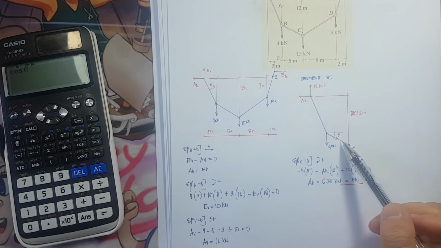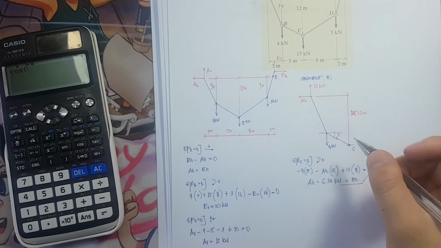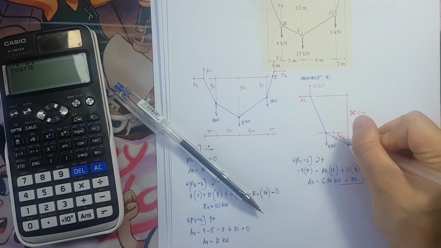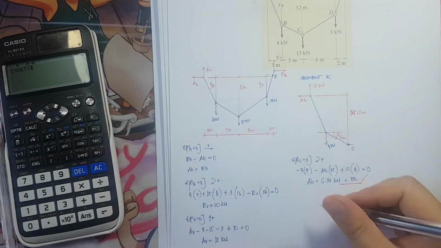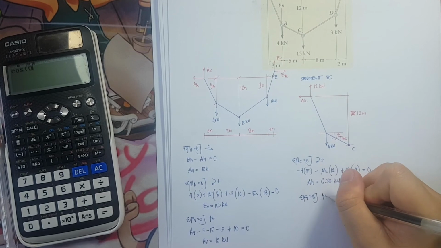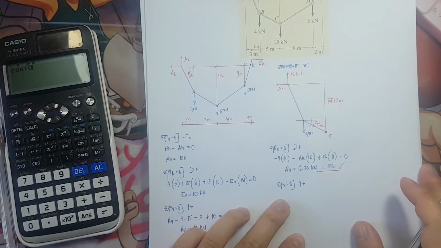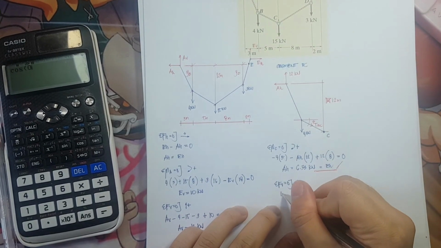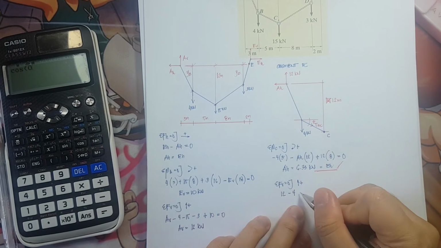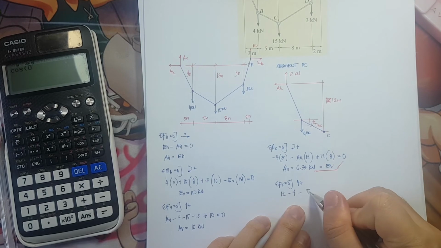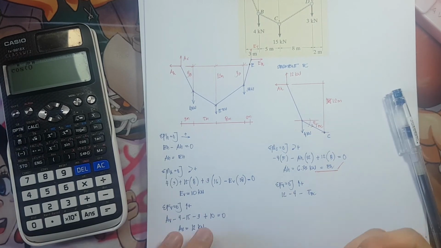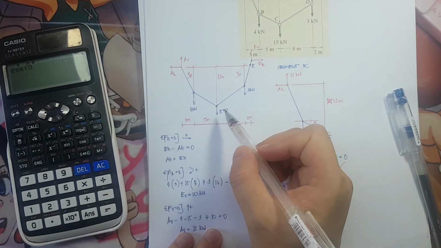In doing so, we can solve for the tension BC. So summation of forces vertical is equivalent to 0. All forces pointing upward should be positive. So what are those forces? We have 12 minus 4 minus tension BC times the vertical component. So what is the slope here?